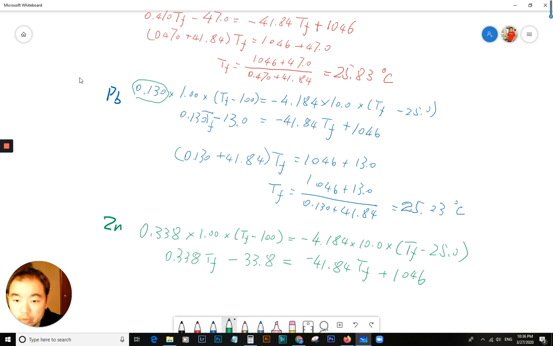Okay, so again, put the unknown to the left and the numbers to the right.